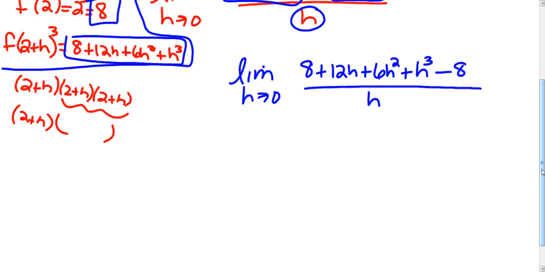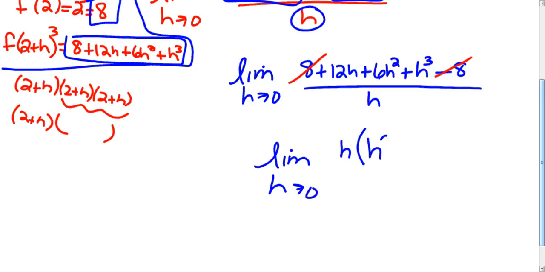Still can't plug 0 in for h, but the 8 and that 8 cancel. Then you can factor an h out of the top, and I will have h squared plus 6h plus 12.